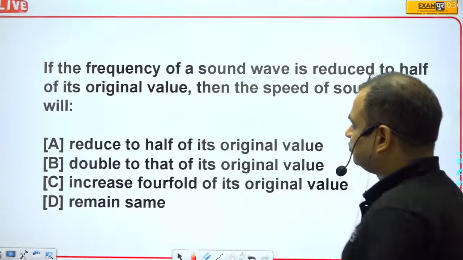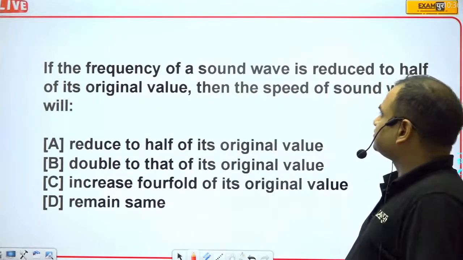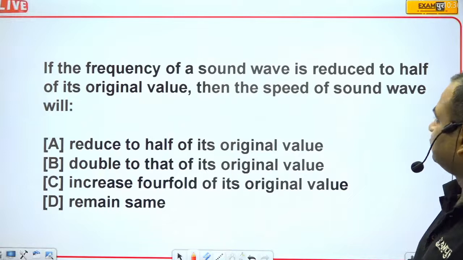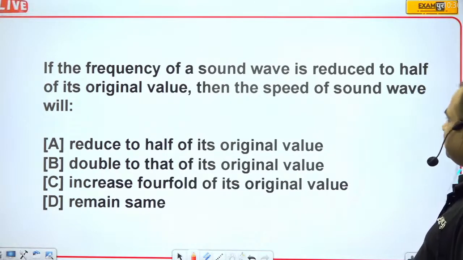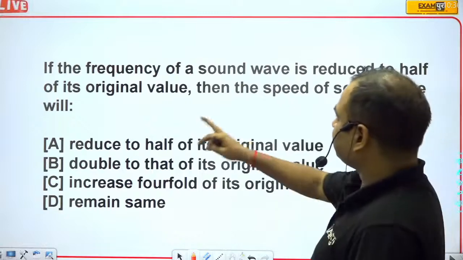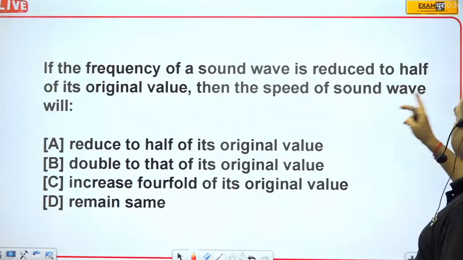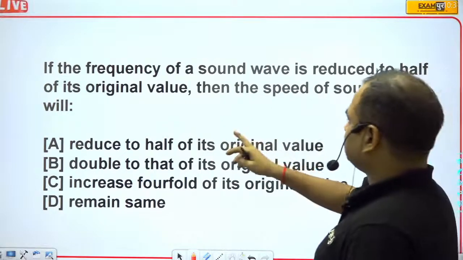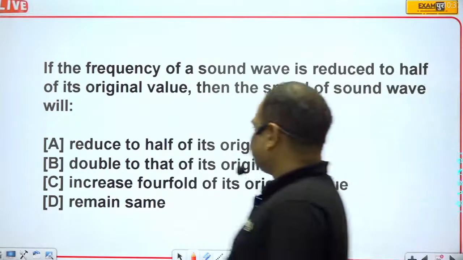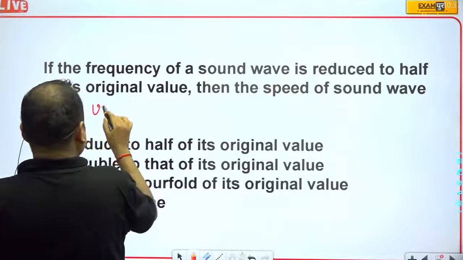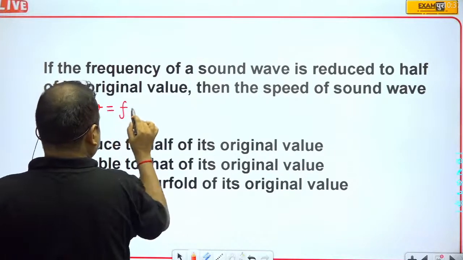Okay, so if the frequency of a sound wave is reduced to half of its original value, then the speed of the sound wave will be what? Obviously, we all know that speed of sound is equal to frequency into wavelength.